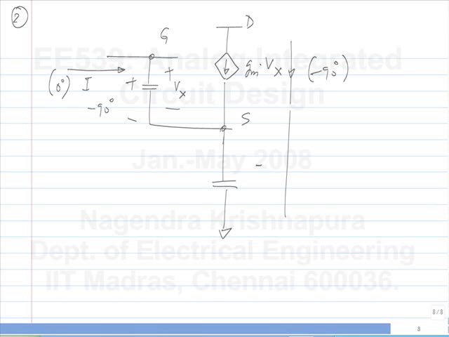And that current will flow through this capacitor. So, what's the angle of the voltage here? Because of this part of the current, it is minus 90, minus 90, so it is minus 180 degrees. So, you get some voltage which is 180 degrees from the current.